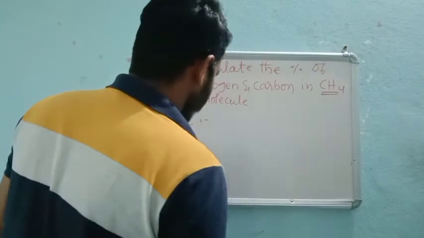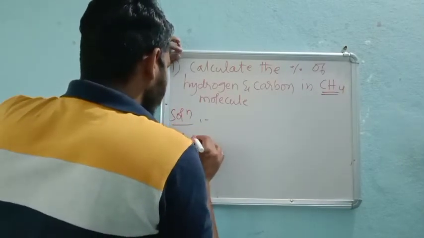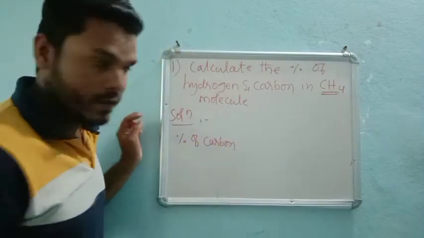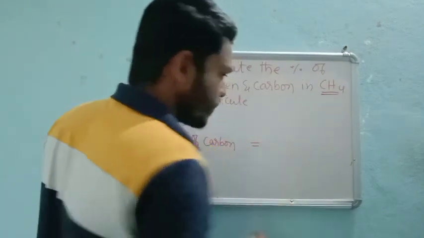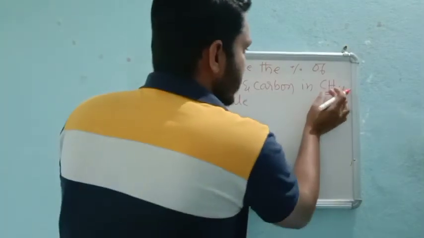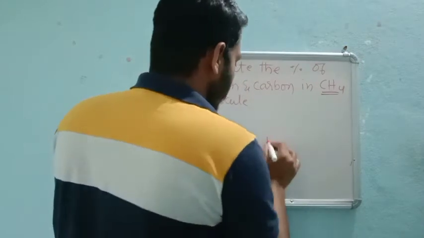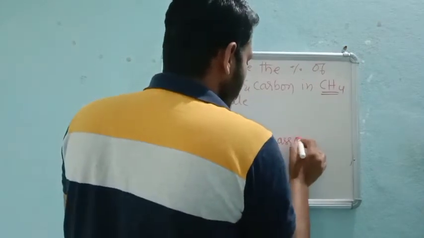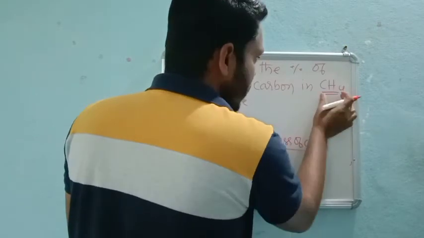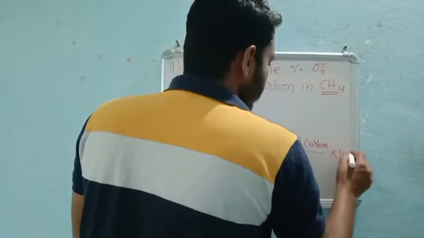Now coming to our formula, percent of carbon, the element is carbon. How many carbons are present in the compound? Only 1. That means the formula becomes mass of carbon divided by total mass of the compound, CH4, into 100.